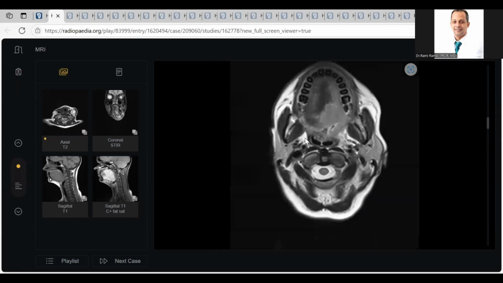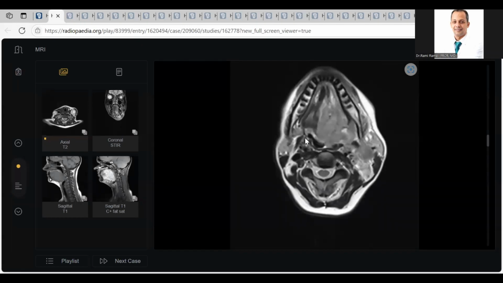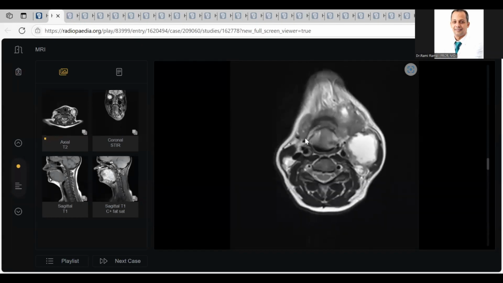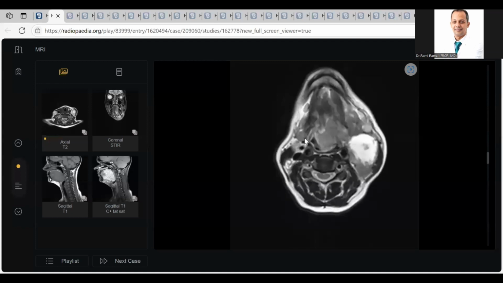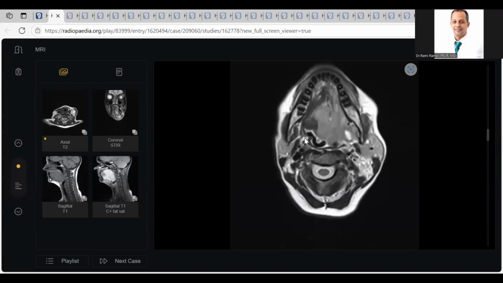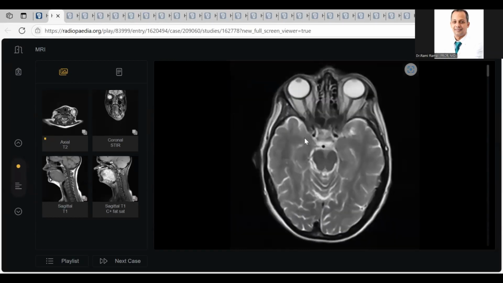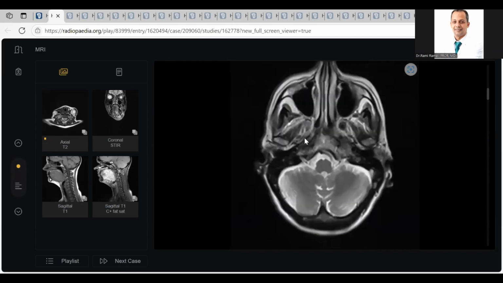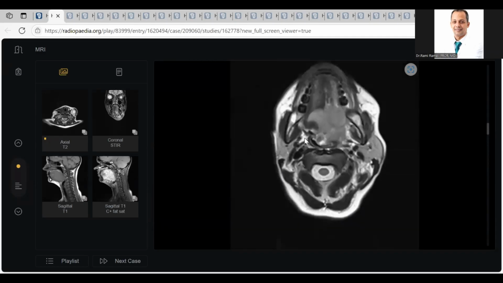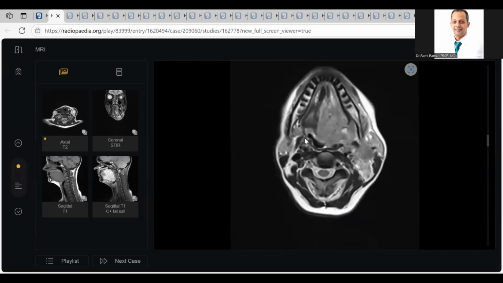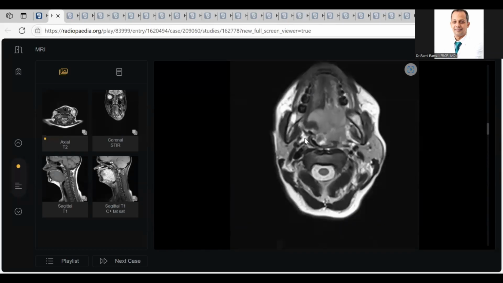The visualized section of the brain appears unremarkable, and the bilateral parotid glands are also unremarkable. Then I can appreciate a large heterogeneous intermediate-intensity lesion in the right half of the tongue, also involving the base of the tongue.